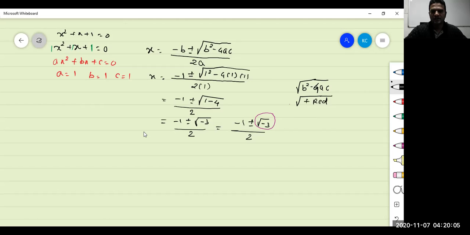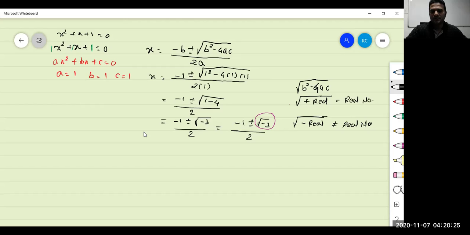Now in this case it is a negative real number, which is not a real number. Root of a positive real number is a real number.